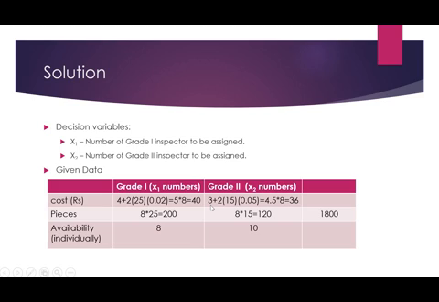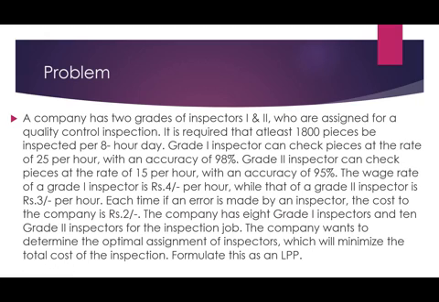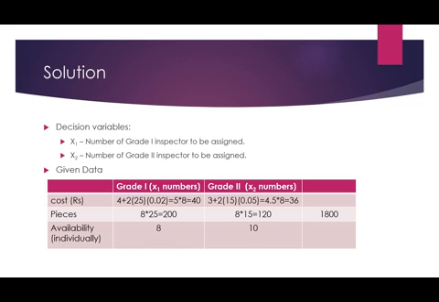Similarly, 3 rupees is the wage for grade 2, 2 rupees is the cost, and the number of pieces that he inspects is 15, and the error that he makes, because his accuracy is 95%, 5% is the error. 5% can be written as 0.05. So 0.05 into 15 into 2.